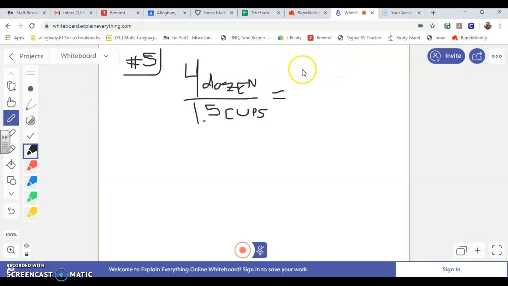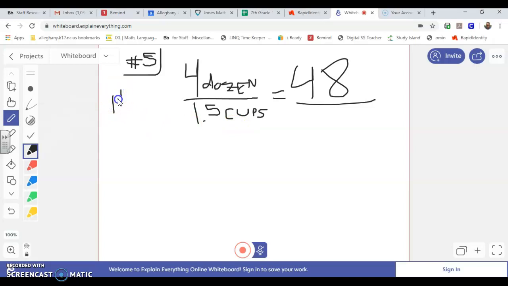So what is 4 dozen? 4 times 12 is 48. And then 1.5 is 1.5.